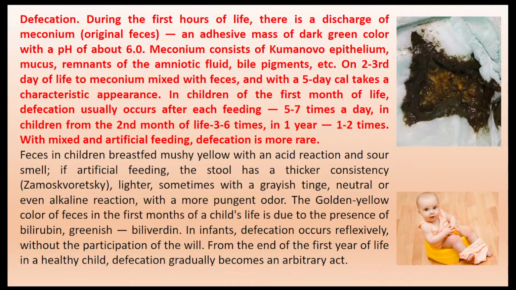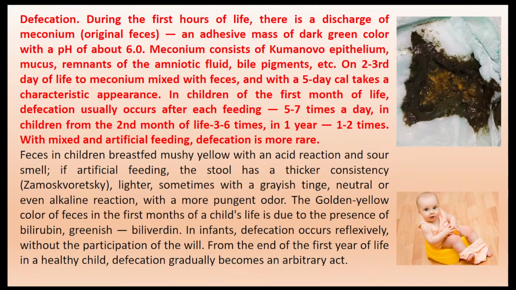Meconium consists of epithelium, mucus, amniotic fluid, bile pigments, and enzymes. On the second or third day of life, the meconium mixes with feces, and by the fifth day the stool takes a characteristic appearance.